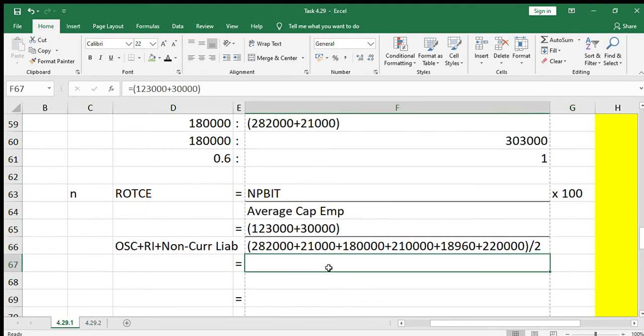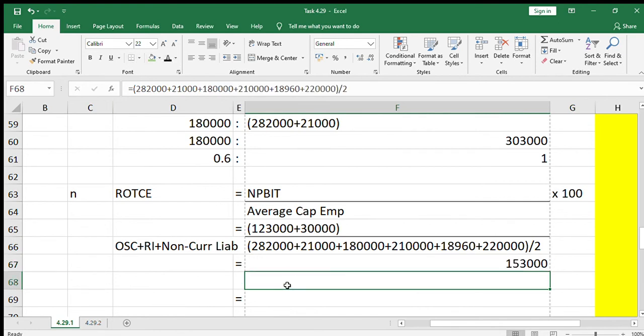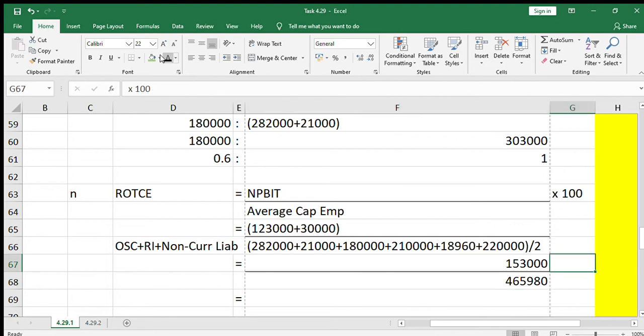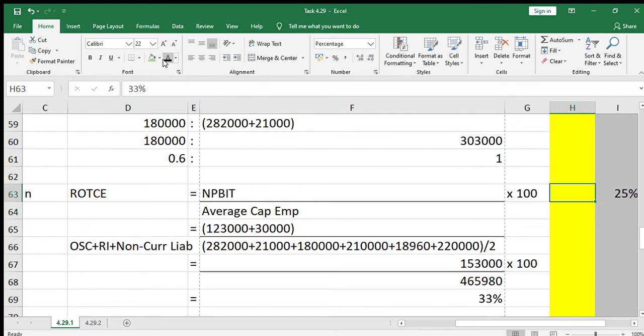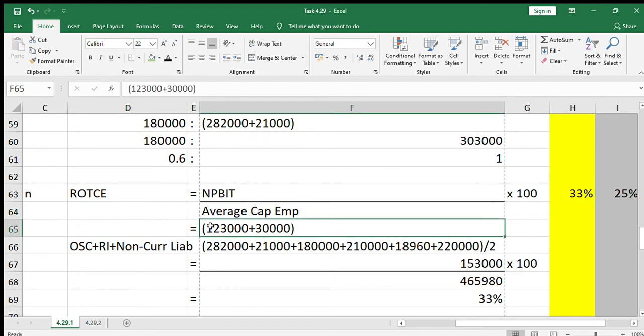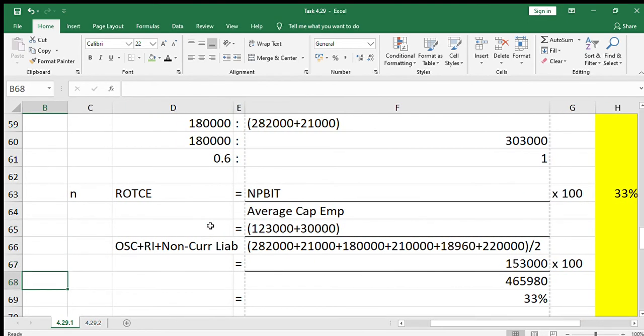We can then do our calculation, multiply by 100 and work out your answer. So we get an answer of 30. So that is the return on total capital employed.